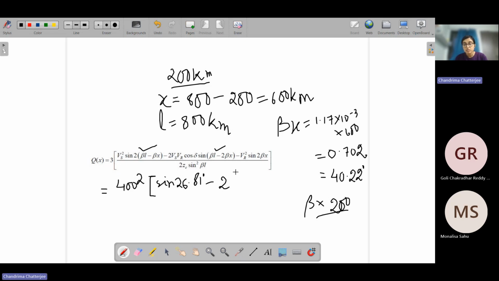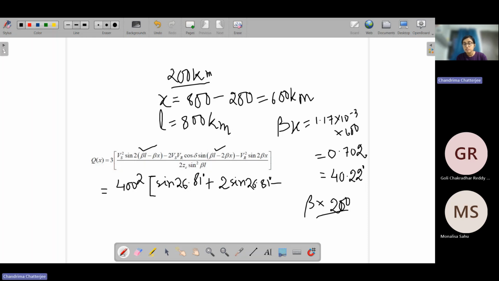Sine. This is beta L minus 2x, into this is plus because some minus term comes in the sine angle. So minus and minus becomes plus. This is the same 26.81 degree.